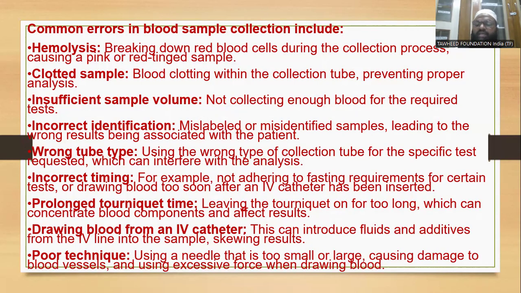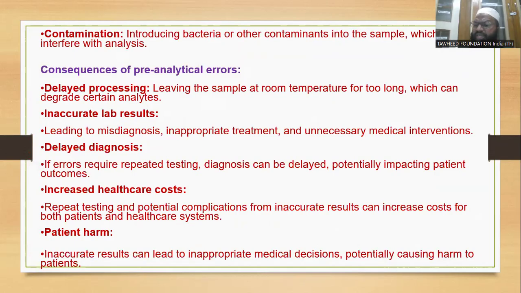In hospitals, most staff collect samples from the IV catheter. This can introduce fluids and additives from the IV line into the sample, and it will affect results. Poor technique, such as using a needle that is too small or large, can cause damage to blood vessels. Using excessive force when drawing blood is another. Contamination, introducing bacteria or other contaminants into the sample, can interfere with the analysis.